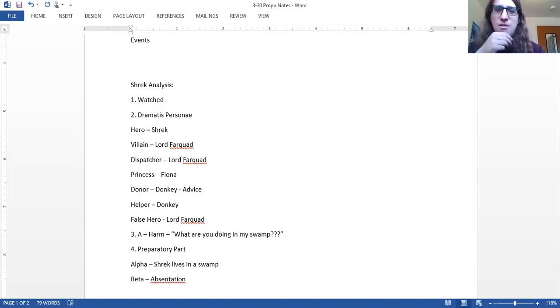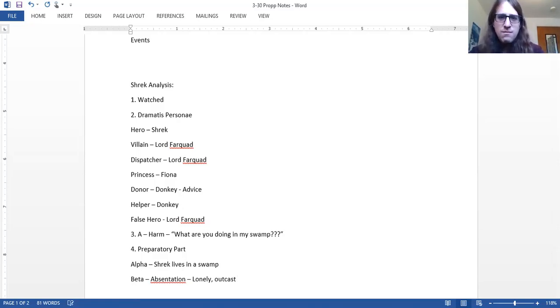Either a family member has died or the character has left home and has become isolated. So for Shrek, how is he isolated? Well, you could basically say the above. He is lonely. He is an outcast. So that fits very well with the idea of absentation. He's alone in his swamp.